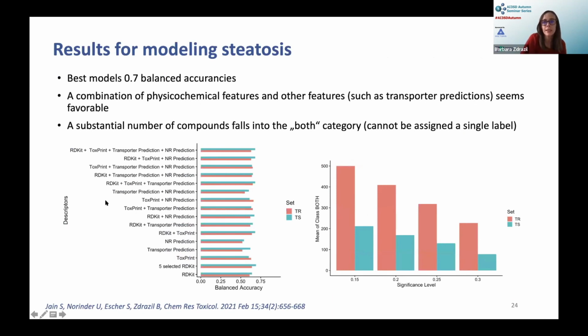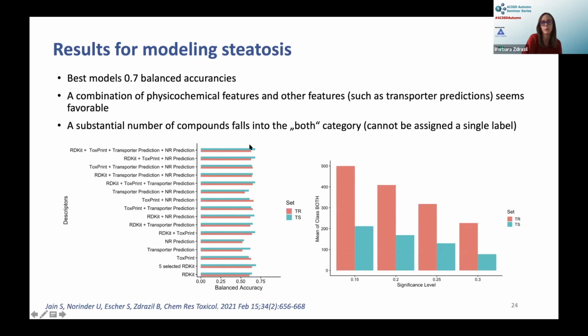This is actually almost my last slide to come to an end. It's really difficult to model such endpoints, because we think we're still missing some information, right? It seems to be a very complicated mechanism of action that leads to this adverse outcome. So we could achieve balanced accuracies of up to 0.7, but there weren't so many differences in the predictions with respect to taking different descriptor combinations.